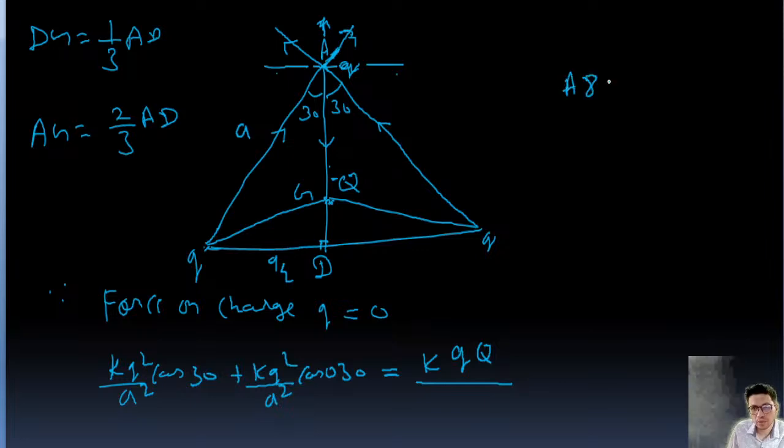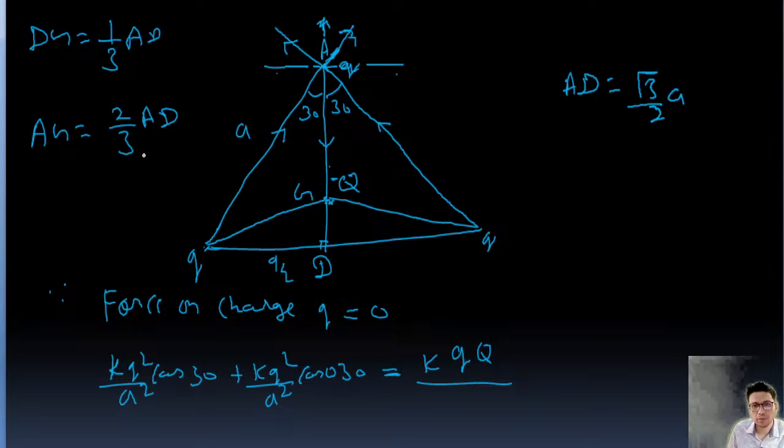By Pythagoras theorem, this is 90 degrees, so AD is going to be the square root of A square plus A square by 4, right? So this is going to be root 3 by 2 A, AD by Pythagoras theorem.